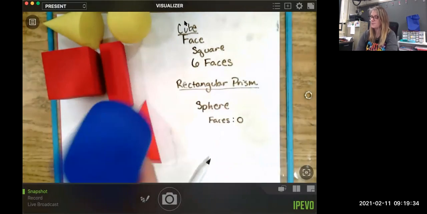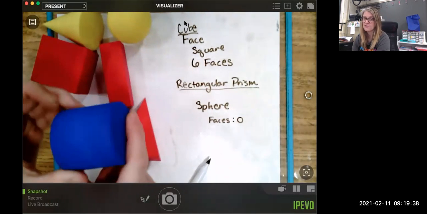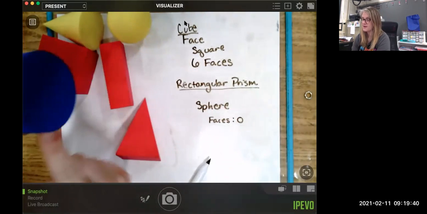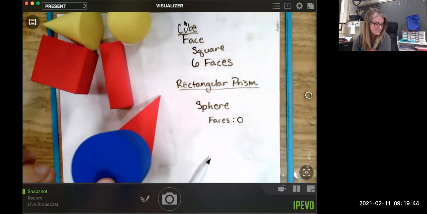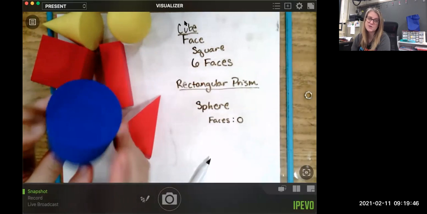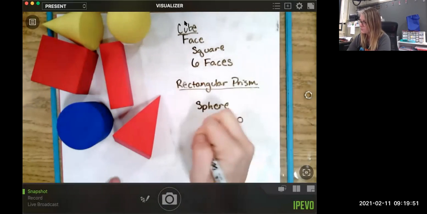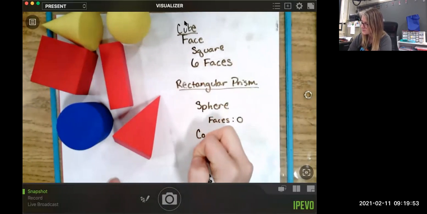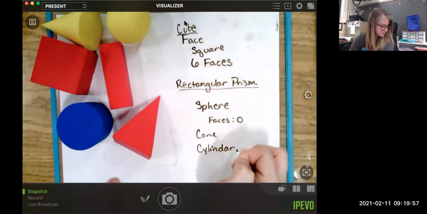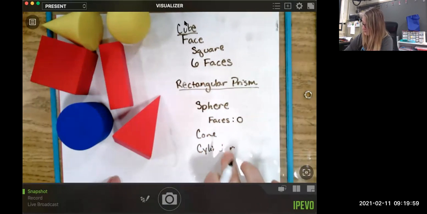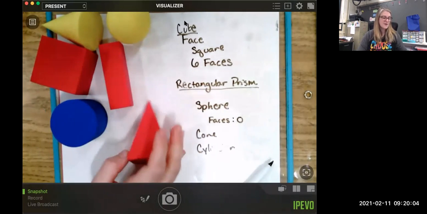However, this shape right here has 1, 2 circular flat pieces, and then a piece around. So this shape kind of looks like a can. And this shape is called a cylinder. So I'm going to write down, we have a cone, and then we have a cylinder.